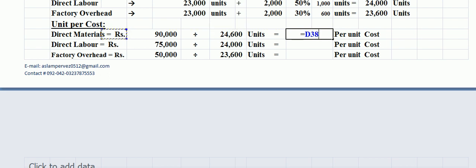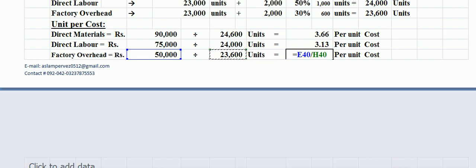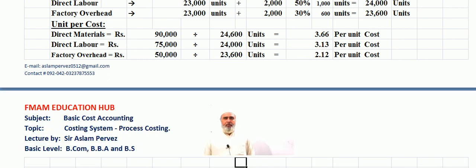This is the per unit cost as a material, and this is the per unit cost as a labor, and this is the per unit cost as a factory overhead. Students, these are the per unit costs in material, direct labor and factory overhead.